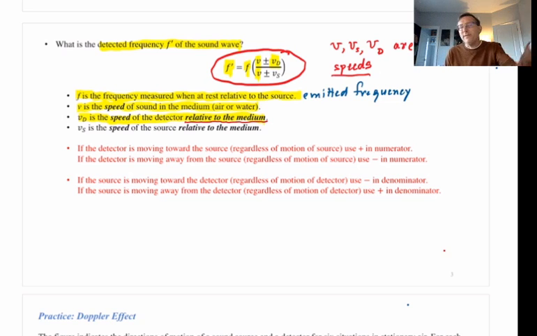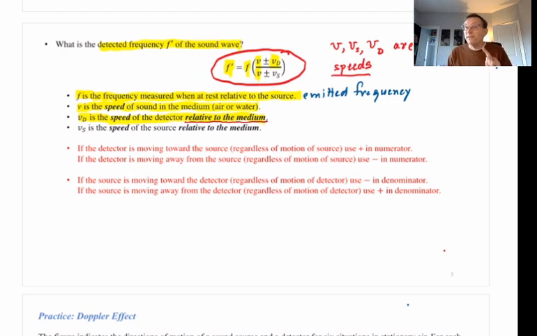So imagine a sound wave in air. You could have a day when the air is calm. The air is not moving relative to the ground. Then the speed of the detector relative to the air is the same as the speed of the detector relative to the ground.